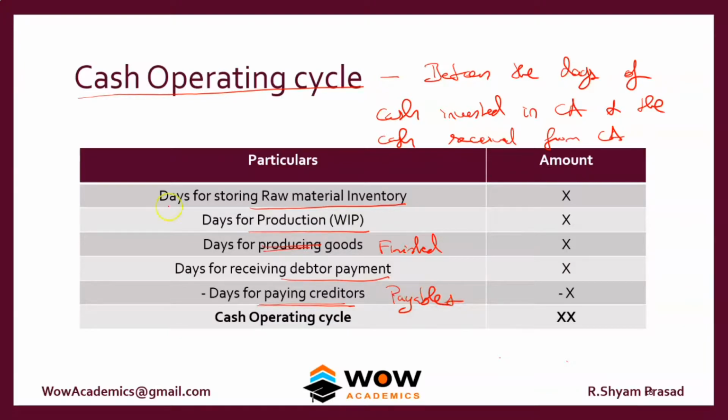Okay, so add all the days of raw material, add the days of work in progress, add the days of finished goods in your godown, add the days of credit sales, deduct the payable days, you get the cash operating cycle. So the lower the cash operating cycle, the better it is for the company.